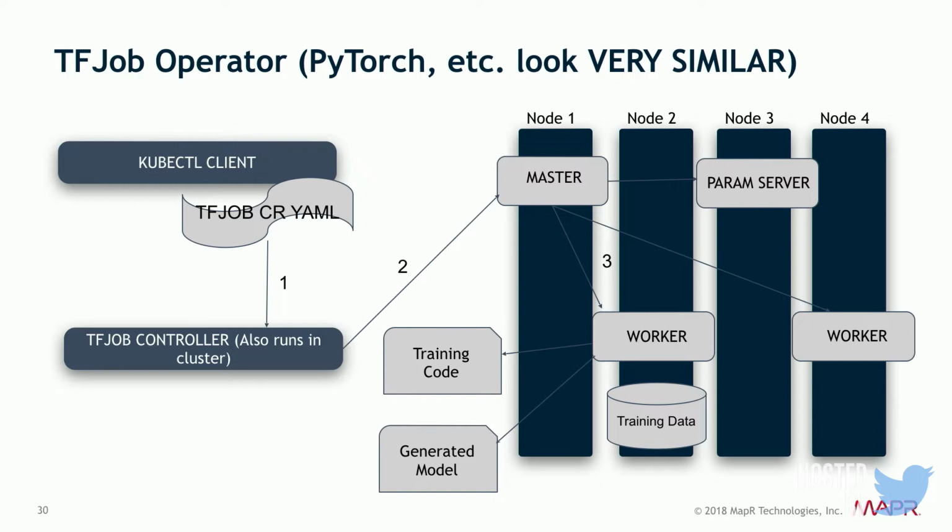The containers are going to have your training code, if this is a training job, and it's going to create a generated model. It's going to talk to training data. In the TensorFlow world, there are three main types of containers: a master, workers, and parameter servers.